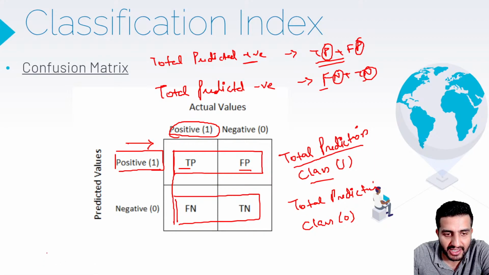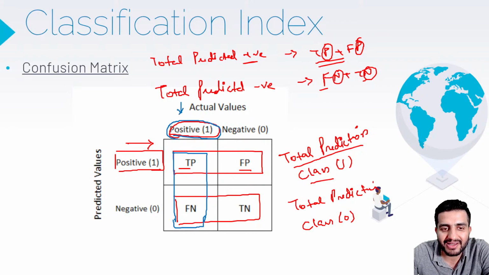I'm just going to change the ink here, guys. Just a minute. Okay. So for the actual positives, which is this one, we're going to say the sum of TP plus FN, because this is what the actual ones are, right?